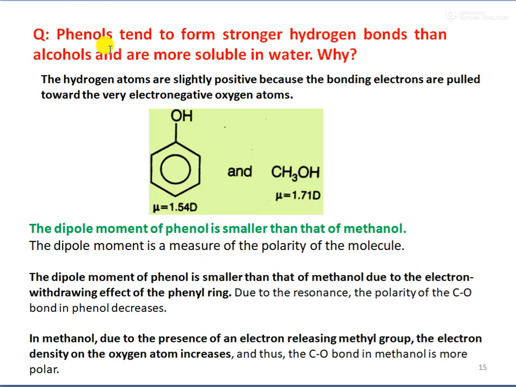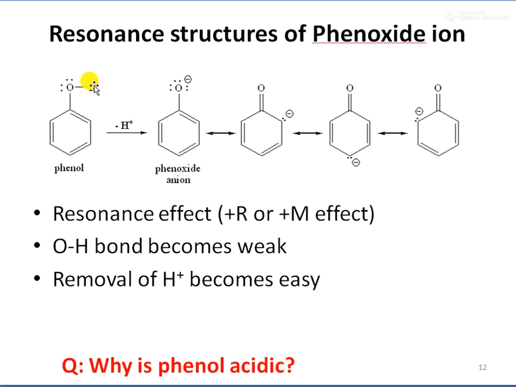Now the next point we discussed was that phenols tend to form stronger hydrogen bonds than alcohols and are more soluble in water compared to alcohols. The reason for this is that the hydrogen in the phenol is more electropositive because of the resonance stabilization of the phenoxide ion.